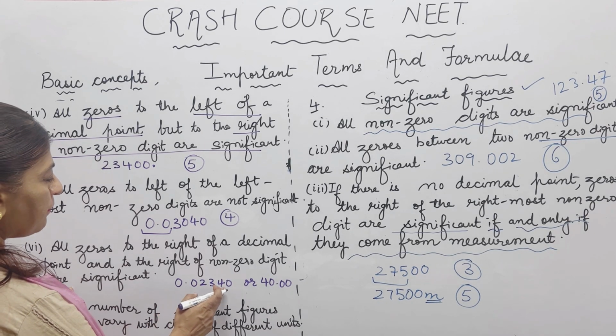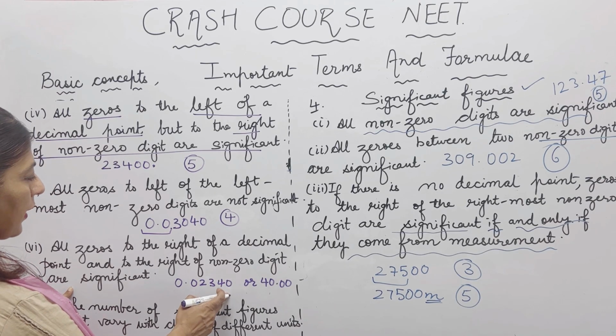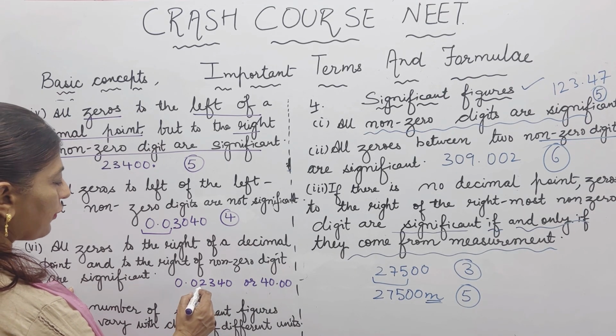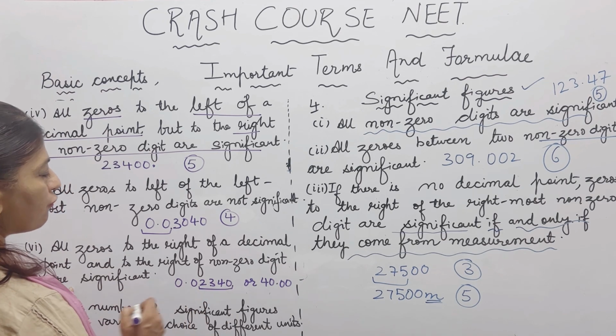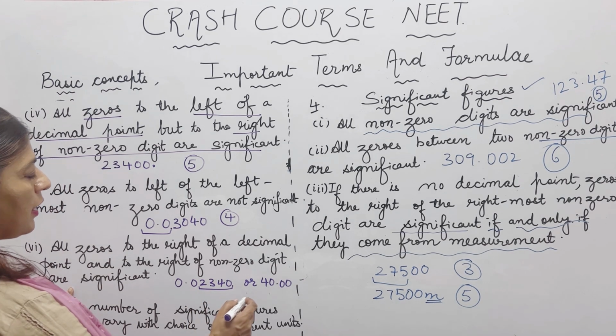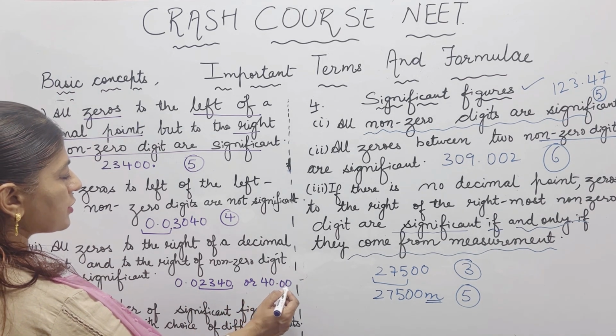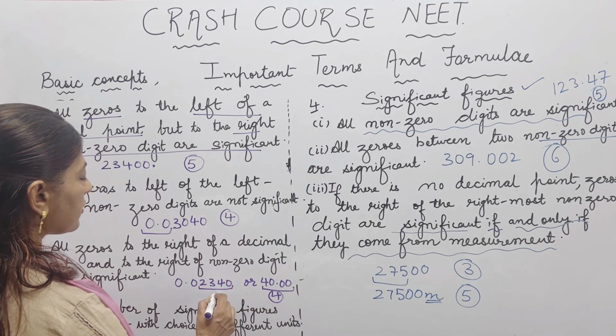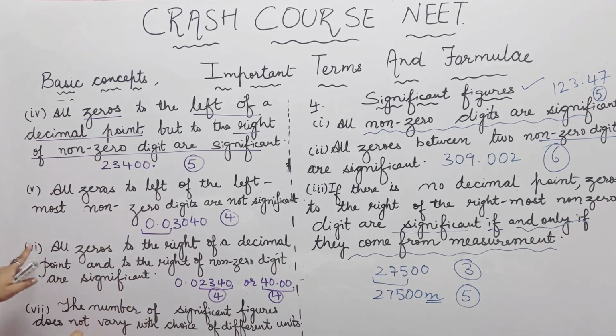This zero is at the right and follows a non-zero digit, so it will be significant. It contains 4 significant figures. Again, for 4.400, it contains 4 significant figures. So this is according to the rule.